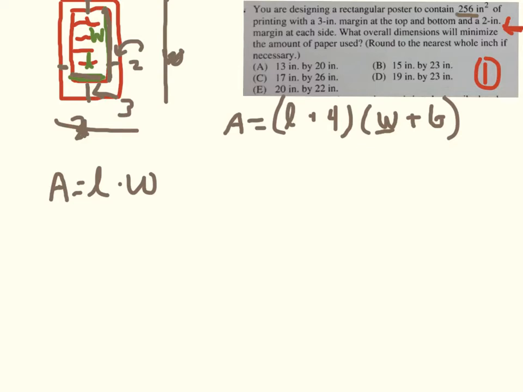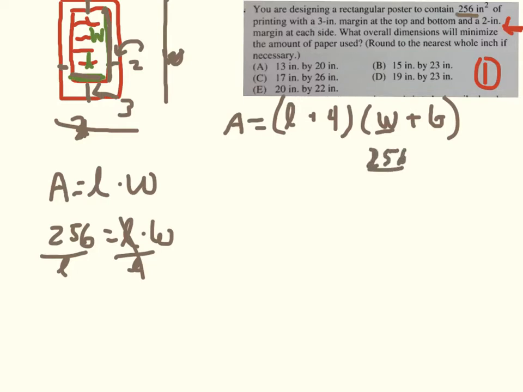So if the area is 256 equals L times W, then all I did was divide by L so that I only had W's. And then I'm going to replace this W, so I only have L's, sorry, with 256 over L plus 6 times L plus 4. And then what I ended up doing is I ended up doing a little foiling with these two things because I don't want to use product rule.